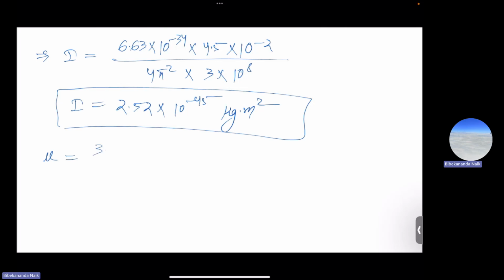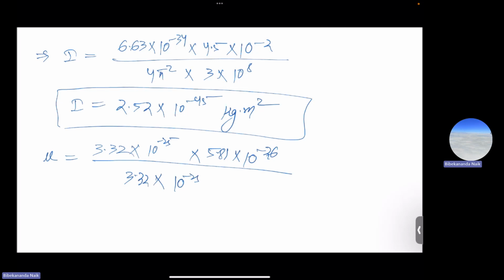So it is 3.32 into 10 to the power minus 25 into 5.81 into 10 to the power minus 26 divided by 3.32 into 10 to the power minus 25 plus 5.81 into 10 to the power minus 26. So this value is 4.945 into 10 to the power minus 26 kg.